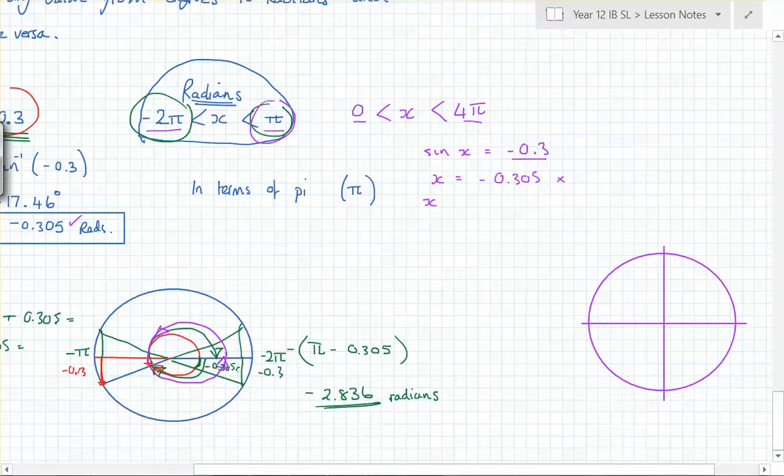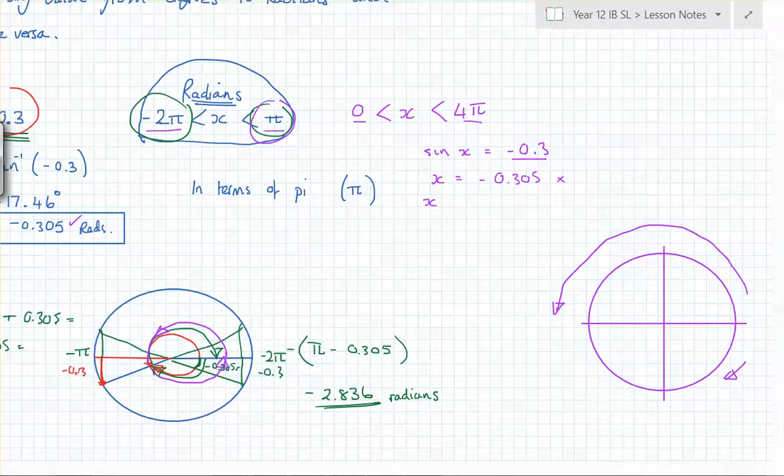But then I could go clockwise all the way around until I found a solution. So if I do from 0 to 4 pi, which direction can I not go? Clockwise. Going this way round is out of the question. I can only go this way round. How many times round do I go? 2 times. Okay?